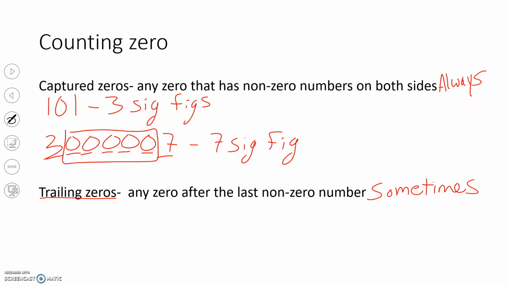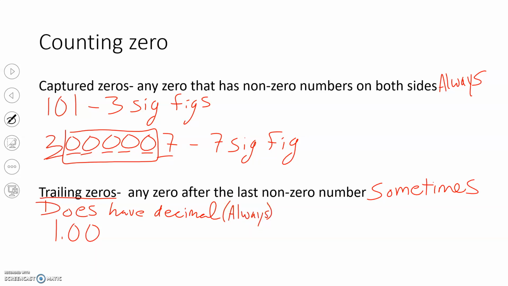So if it does have a decimal, so if I have 1.00, then they are significant. And then it's going to be an always. This one has 3 sig figs.